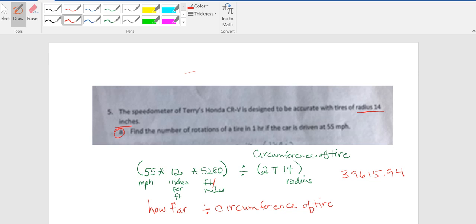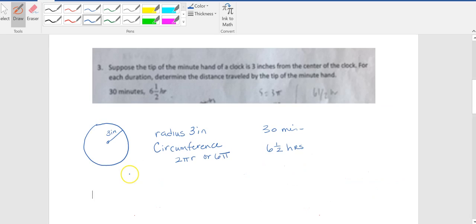If you use 3.14 for pi, you get 39,636.03. So you may want to ask your teacher if you're going to be using the pi button to get an exact answer, or if you're using 3.14. So that's the first question.